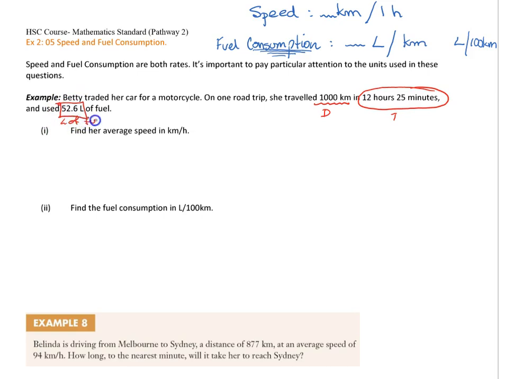litres of fuel. So we've got 3 very different amounts in this question, and we just need to be aware of that. We don't use 3 quantities in a rate. In a rate, we just use 2. So would I possibly be using kilometres and time?